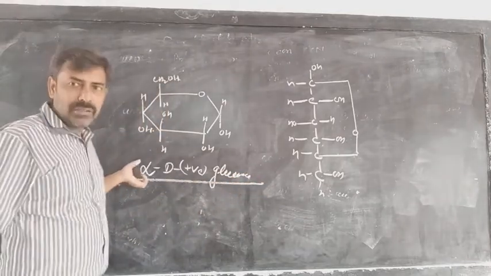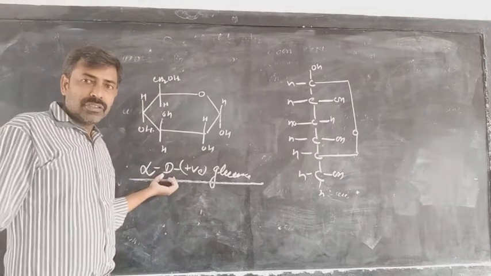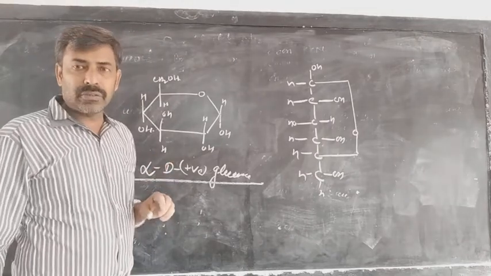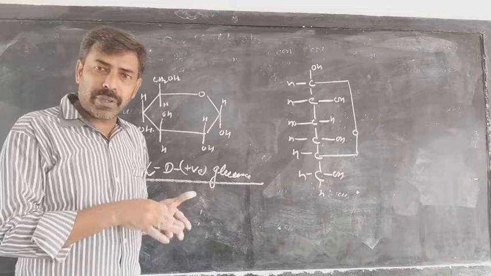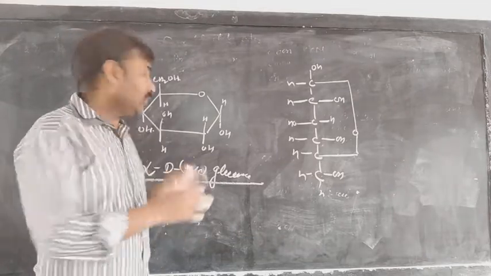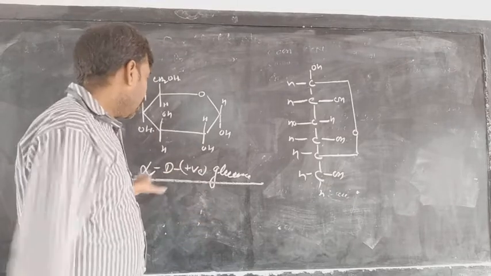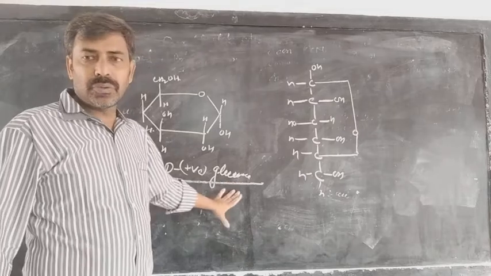Here alpha suggests the structure of the ring, D suggests the configurational rotation, what the rotation is according to the configuration, and positive suggests the optical rotation. Then this is the structure of glucose, alpha-D-(+)-glucose.